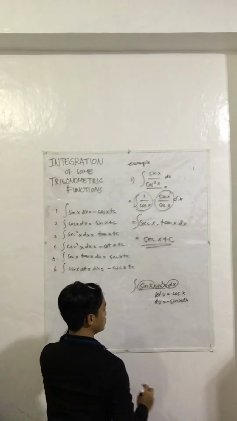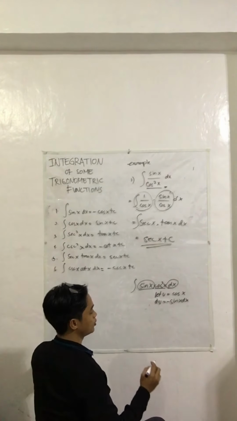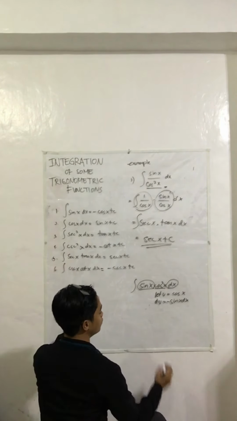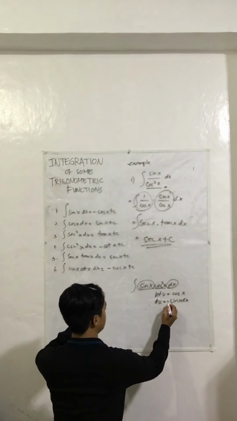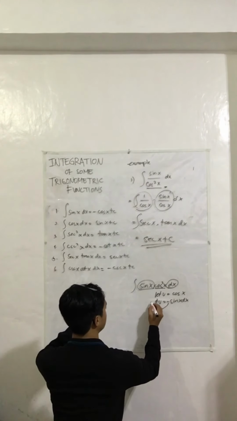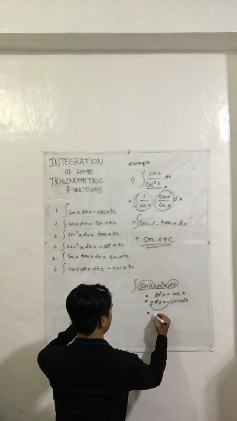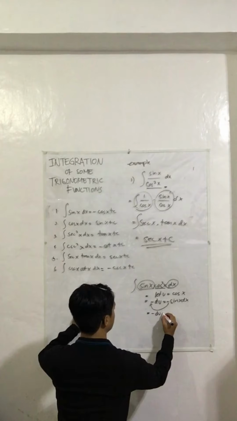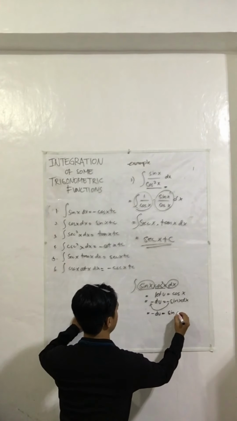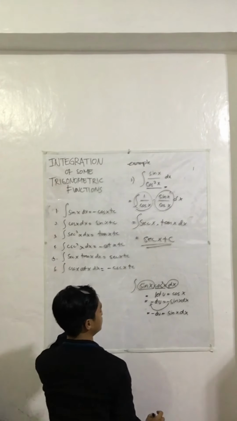Negative po siya. So, i-apply natin yung power rule of integration. So, ita-transfer natin yung negative sign dito sa du. So, magiging negative du is equal to sin x dx.